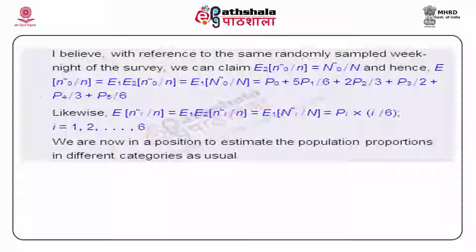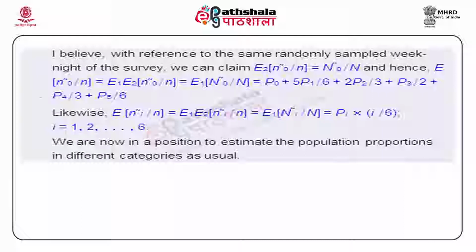E2 is the conditional expectation of n0 tilde divided by n, which is n0 tilde divided by n. And hence expectation of n0 tilde divided by n is equal to E1 of E2, which equals P0 plus 5/6 P1 and so on.